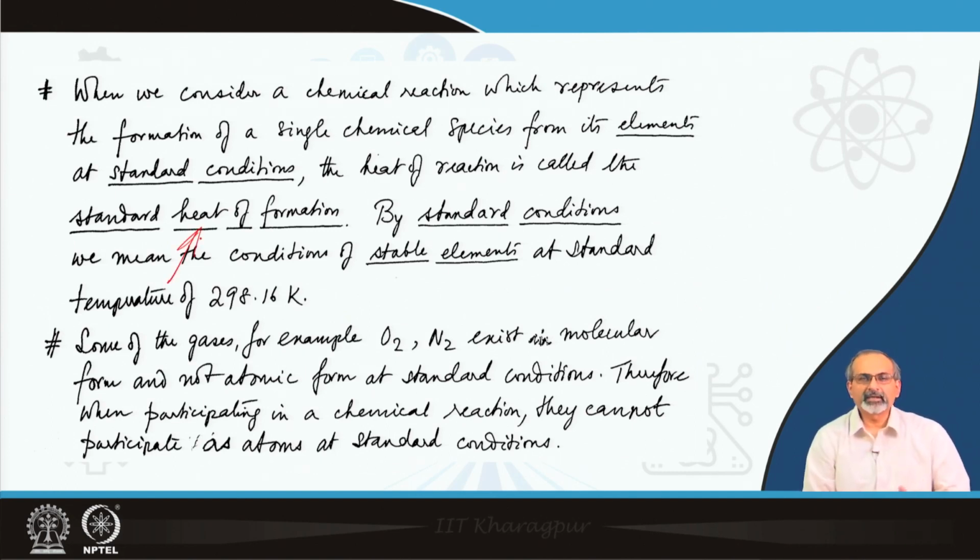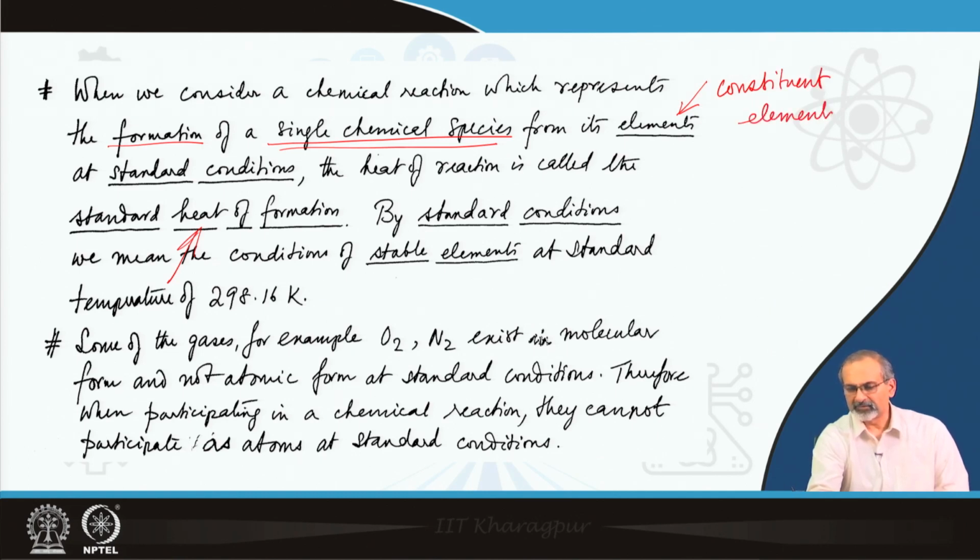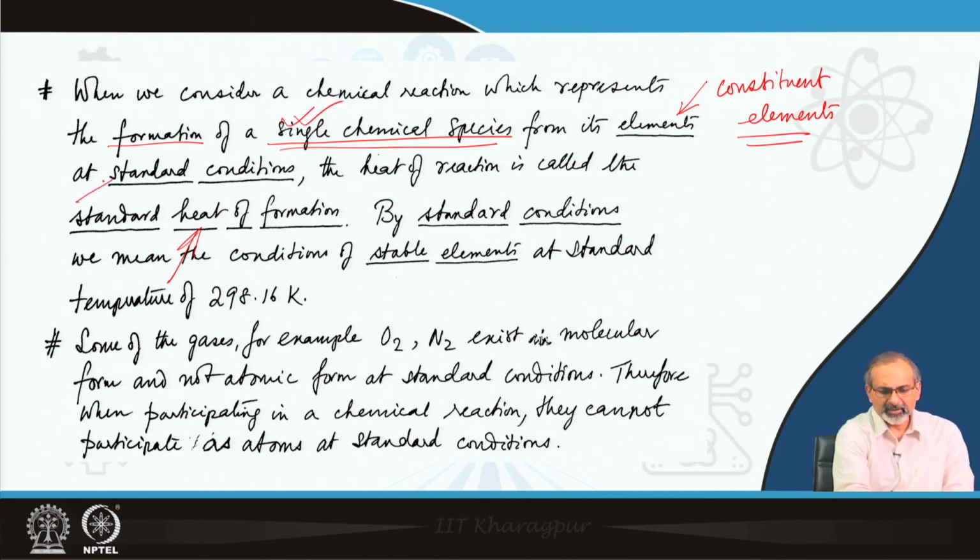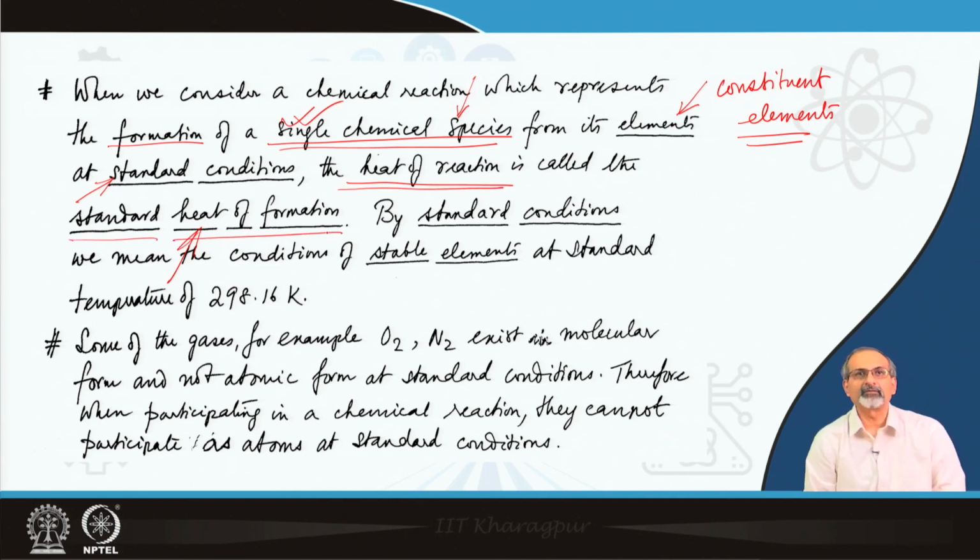So, when we consider a chemical reaction which represents formation of a single chemical species from its elements at standard conditions, we would call them as, say, constituent elements which form a part of this species, and when they are existing at standard conditions and they are forming this particular species, the heat of reaction has a special name that is called as the standard heat of formation.